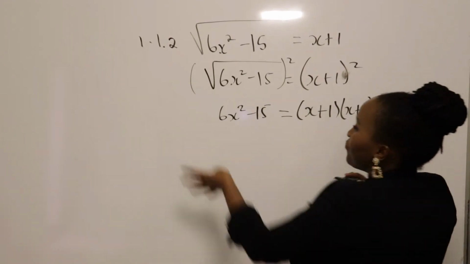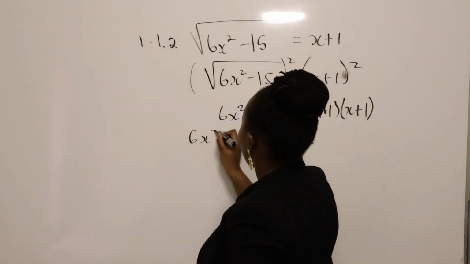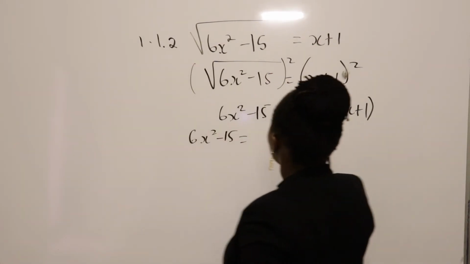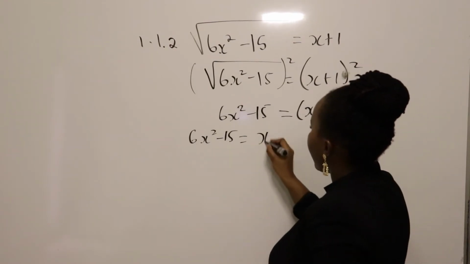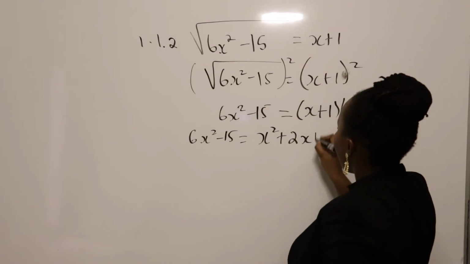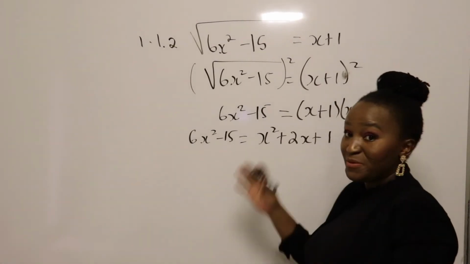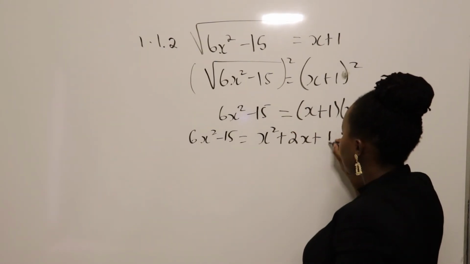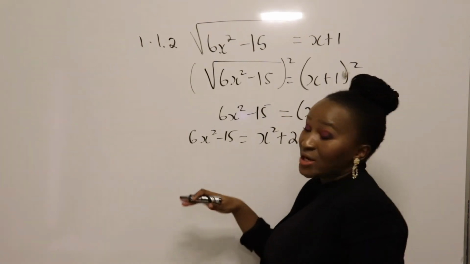So now, let me simplify this side. I have 6x squared minus 15 equal to, you can FOIL it out, which will give you x squared plus 2x plus 1. Okay? If you know how to do the FOIL method, it should be very easy for you to expand this side. Alright, now let's subtract the like terms.